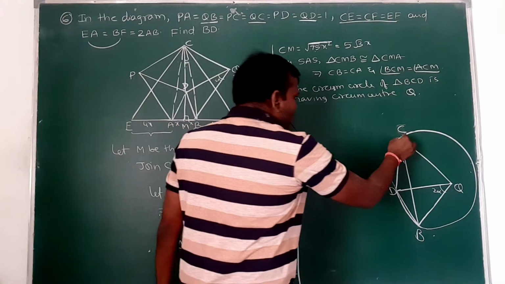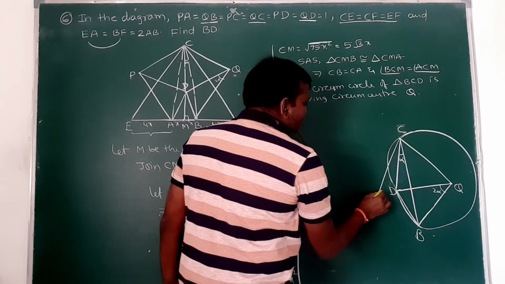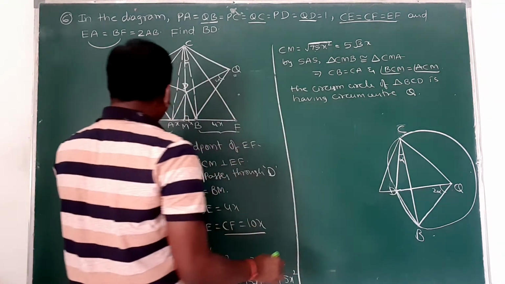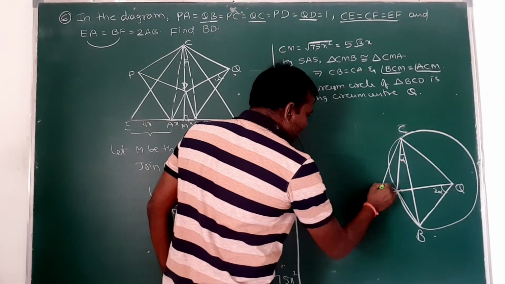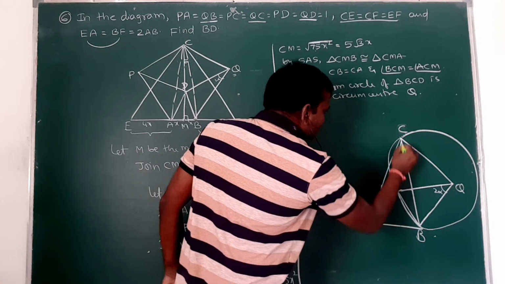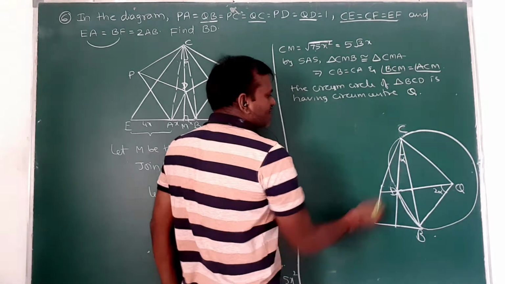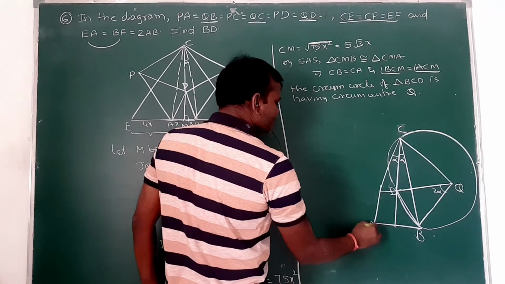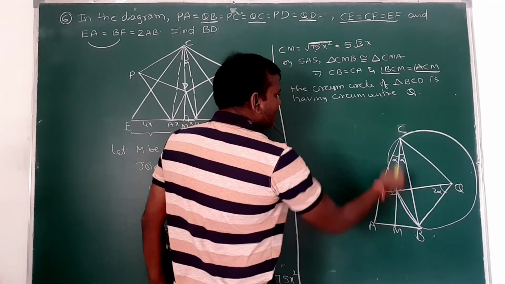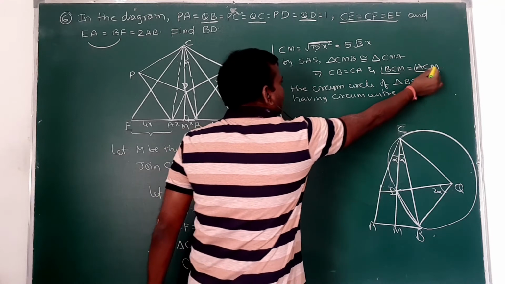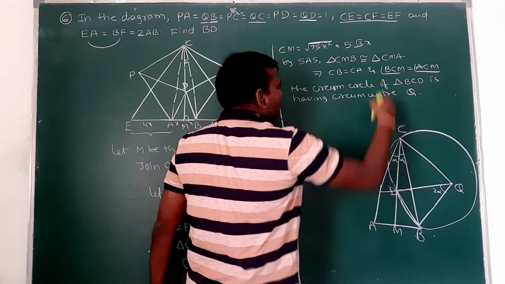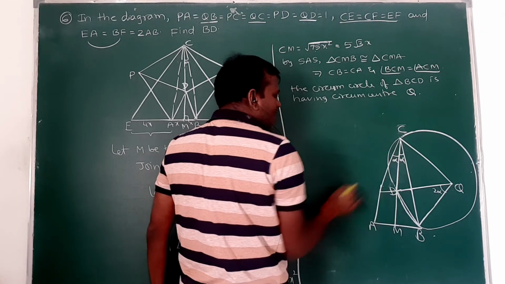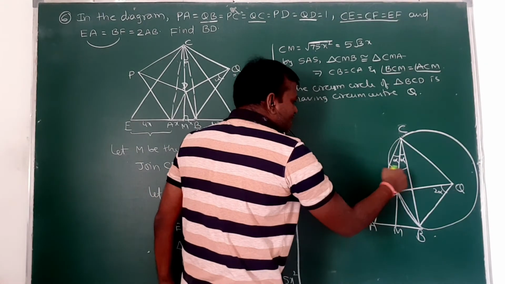So here, this is the problem. A is also there. This is alpha and this is also alpha. Why? Because I already discussed this: angle ACM is equal to angle BCM. So if BCM is alpha, then ACM is also alpha, so this total angle is 2 alpha.